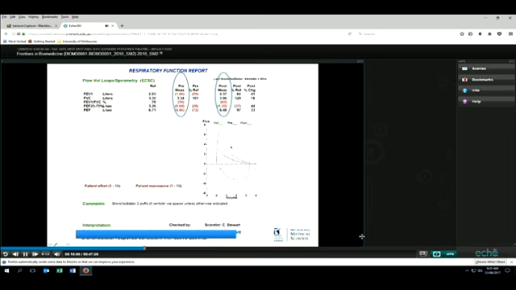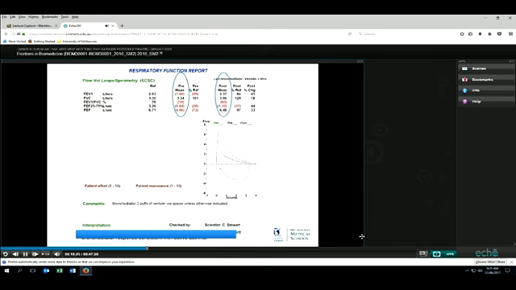Now, there's one other finding that is significantly suggestive of asthma in this report. Anyone want to suggest or have a think about what it is, and anyone want to shout out?